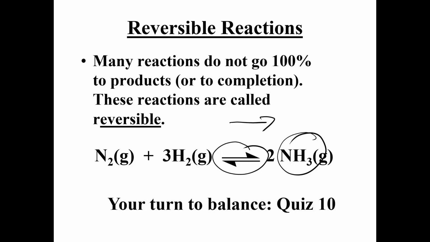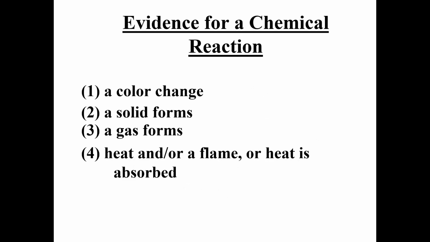You balance it in the same fashion. Just understand that this will not go to 0 grams and 0 grams. This will always be at some sort of equilibrium, but this will be more thoroughly addressed in the second semester of chemistry. Forget about the quiz. This is an online class, no quiz. Okay? Shifting gears just a little bit.